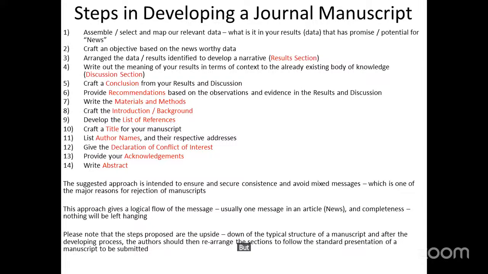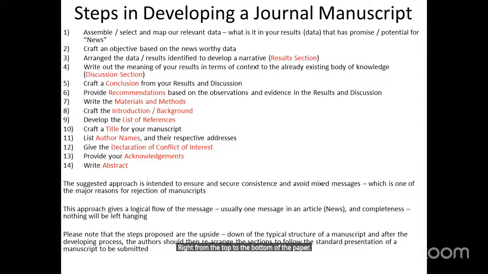But this approach that we are proposing here, the 14 steps, will give you a logical flow of the message. And this message is actually the news. So in a journal manuscript, we are writing to focus on the news. And because it is news, the reader must be excited right from the top to the bottom of the paper.